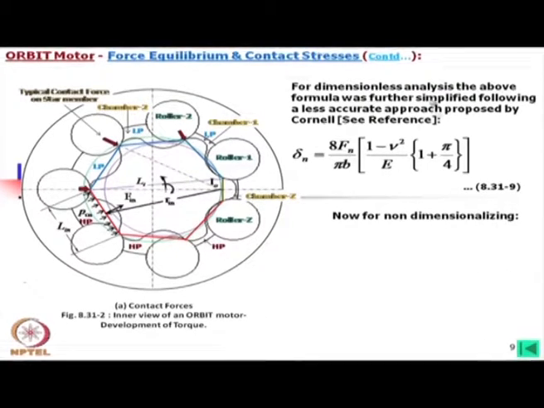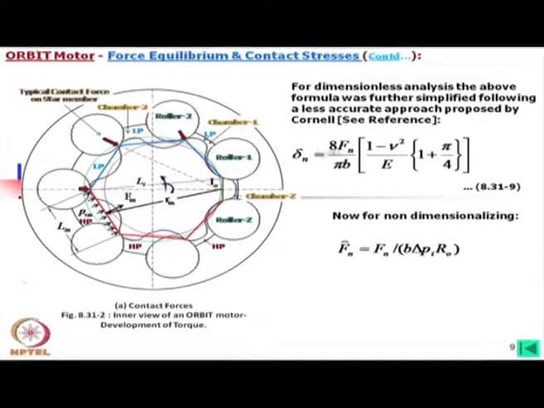Once we reach here, then we can non-dimensionalize. Earlier, when we were non-dimensionalizing a dimension, we were simply dividing it by the radius of the base circle or the describing circle of the ring gear, that is R0, the radius of the biggest circle. Here it is the green circle.